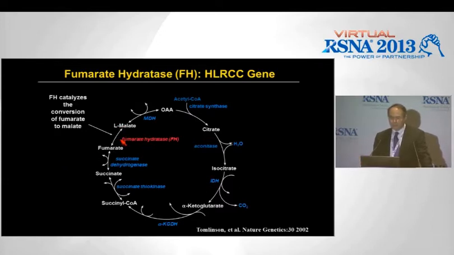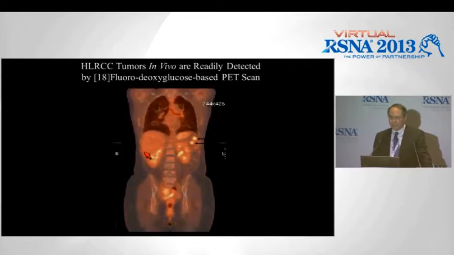And you think, how can a cell survive with a mutation in this? Well, remember, it's only one copy that's initially deleted. But in fact, the cell can survive without fumarate hydratase, but it doesn't like it at all, and it starts to drive adverse pathways that lead to very aggressive tumors. And they're very metabolic. Unlike conventional renal cell carcinoma, these are readily detected on FDG.